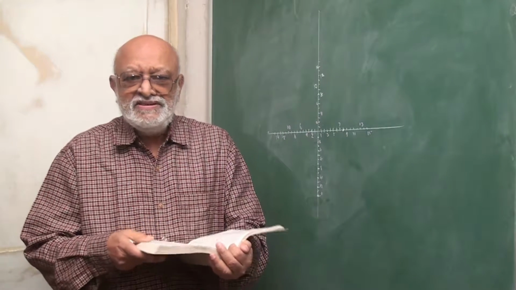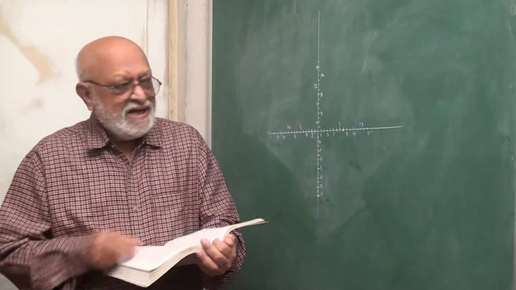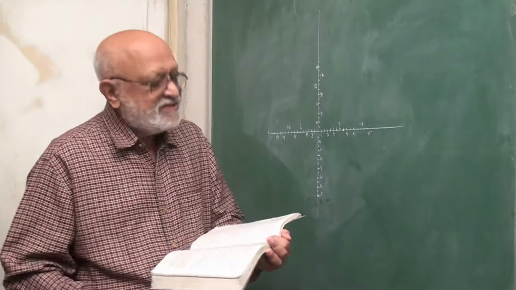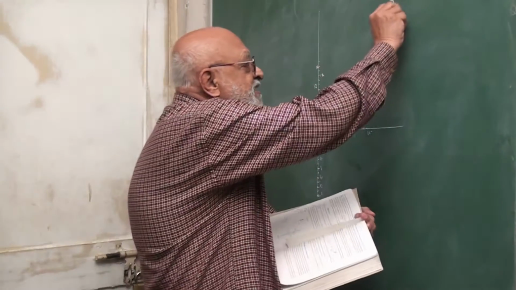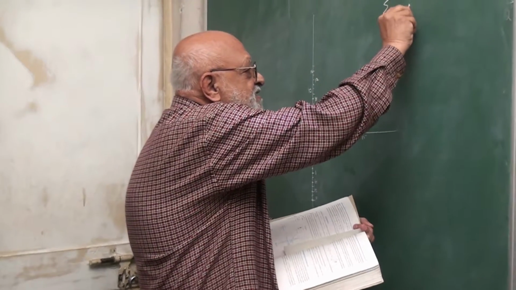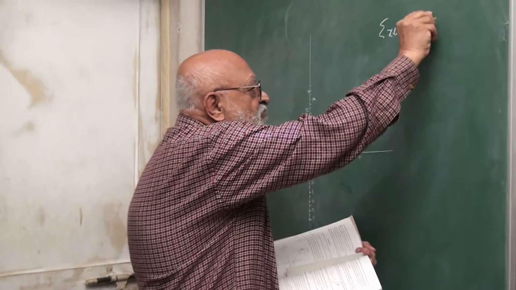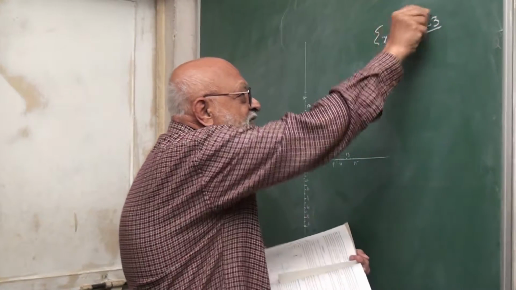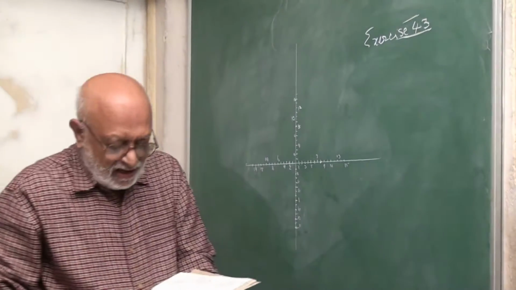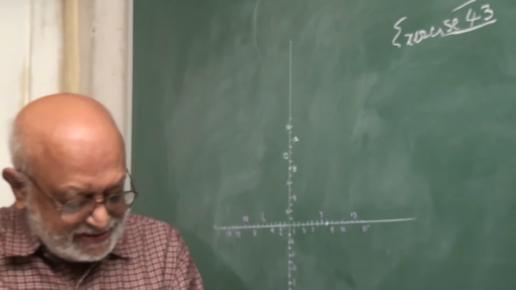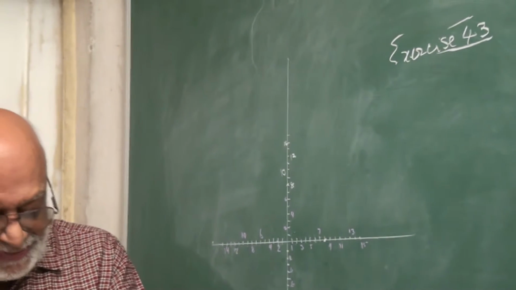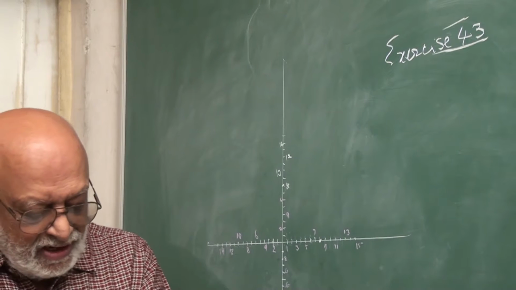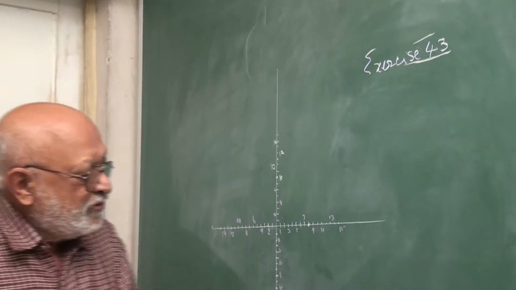Good day, friends. We are going to again continue with exercise 4.3. We have done some of the important problems from this exercise. Whatever is remaining, I would like to explain to you now.